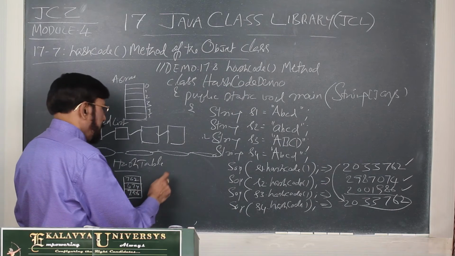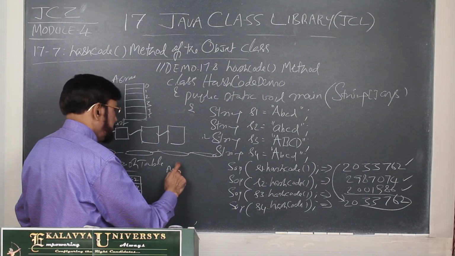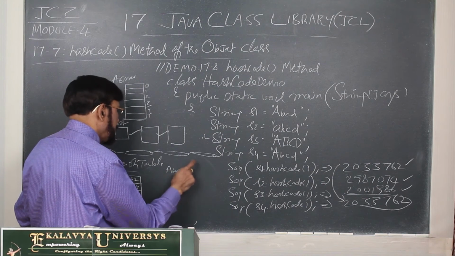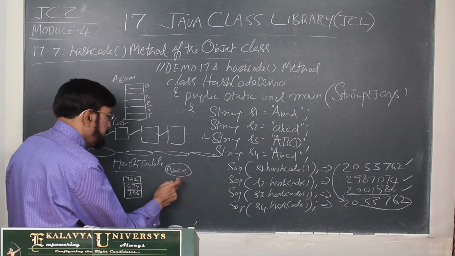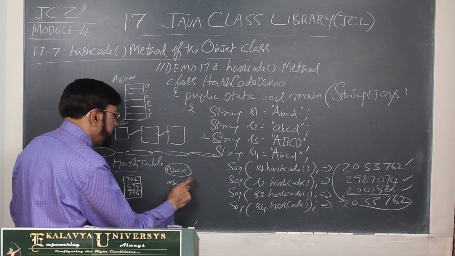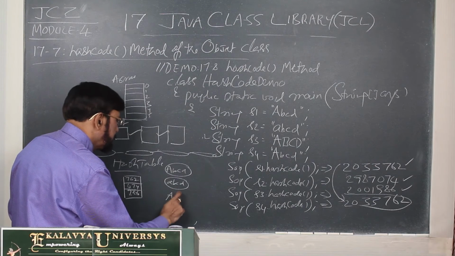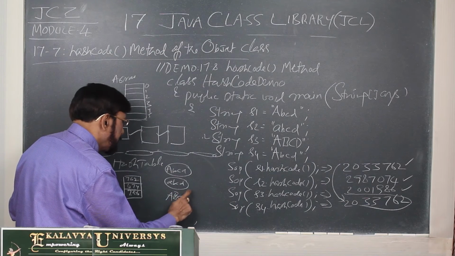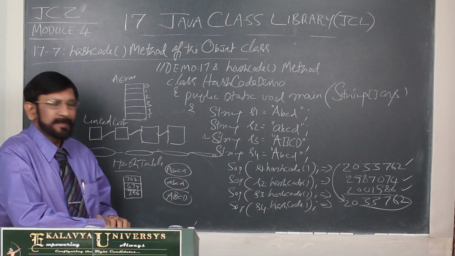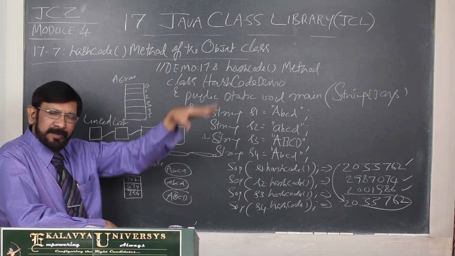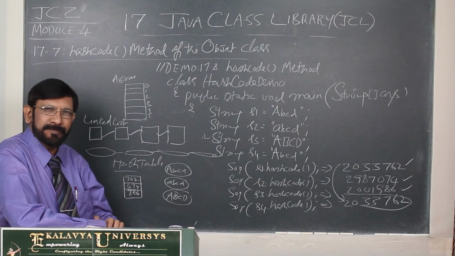Now, these are different objects. What is the first object? ABCD. What is the second object? ABCD. What is the third object? ABCD. These objects are in different places on the heap.